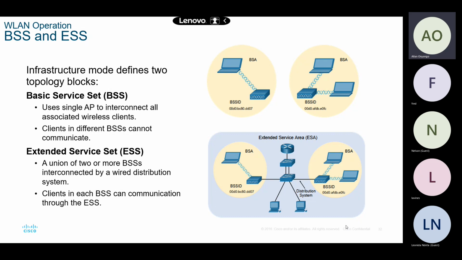So we extend the services of one access point to the other access point so that they are able to communicate. So that is what's called the ESS, the extended service set.